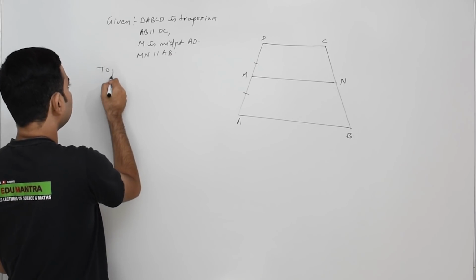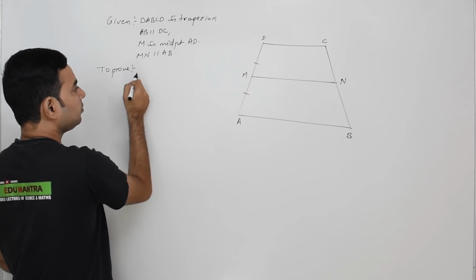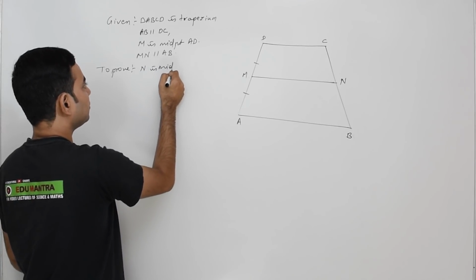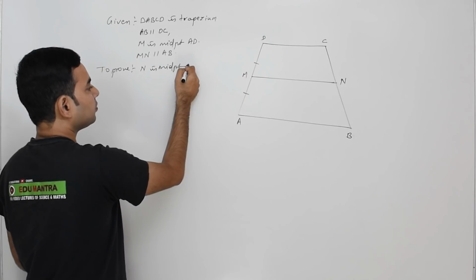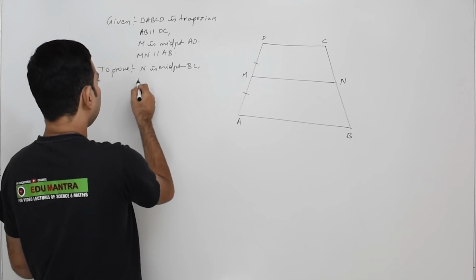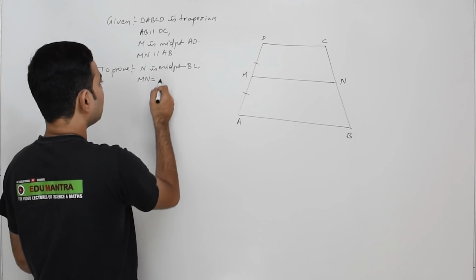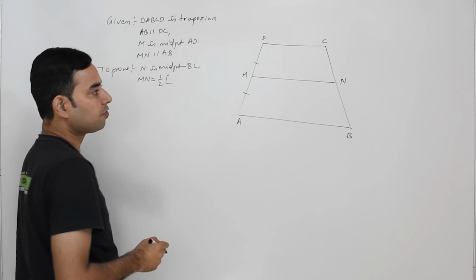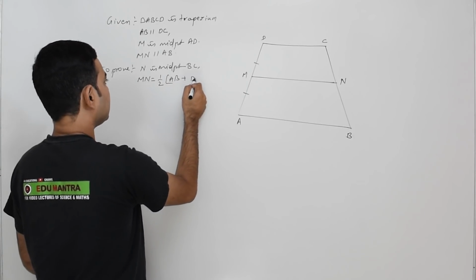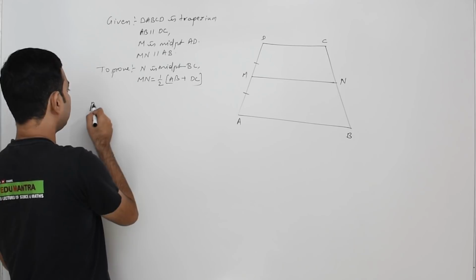Then you have to prove N is the midpoint of BC and MN is half of the sum of the parallel sides, it means AB plus DC. Proof.